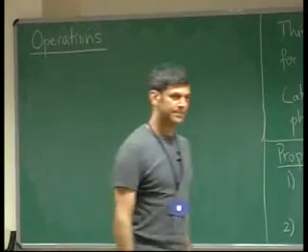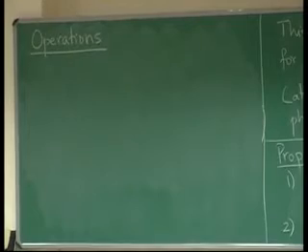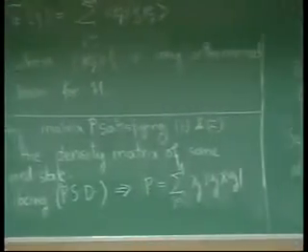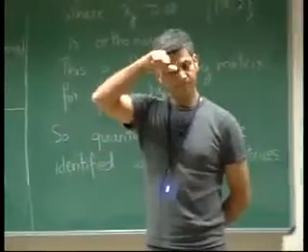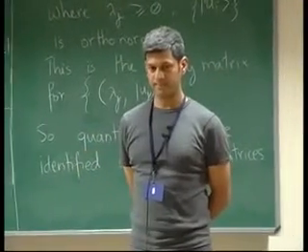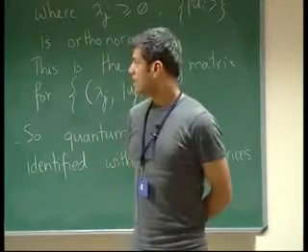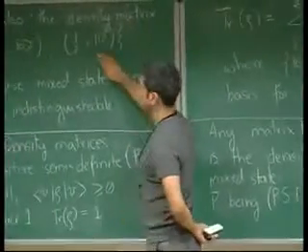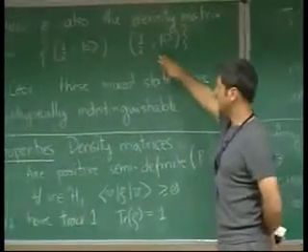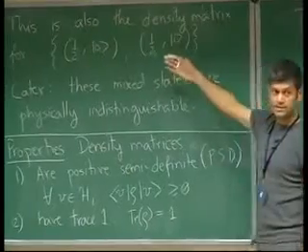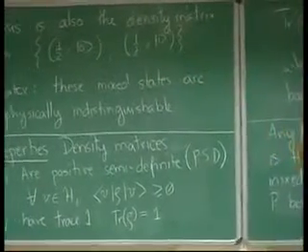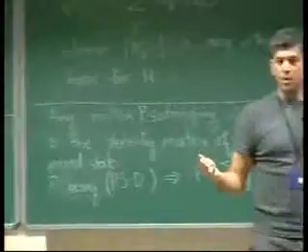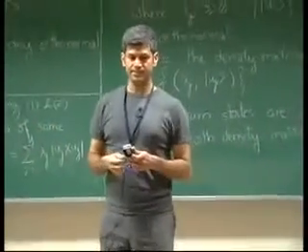Earlier we had the example where there were two different states at the same density. So how can you differentiate two states in the density matrix? We had this state here and another mixed state that had the same density matrix. Whenever that is the case, there is no way to physically tell them apart.